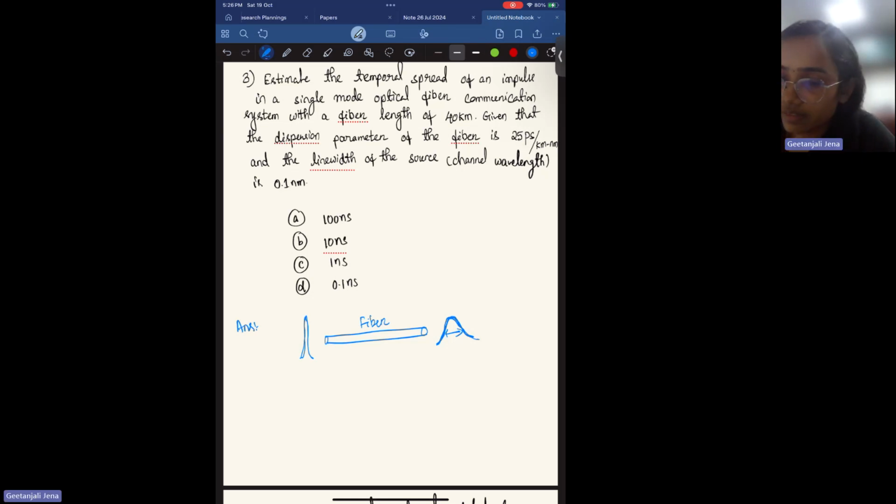So let us see what is given to us. Fiber length L is 40 kilometer, and the dispersion parameter is given, that is D equal to 25 picosecond per kilometer nanometer.